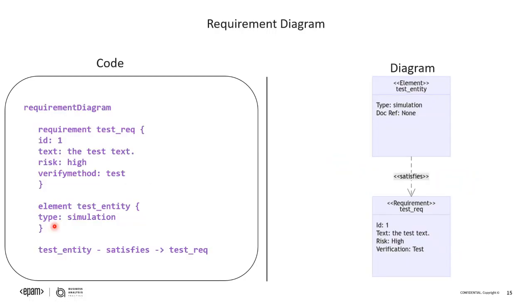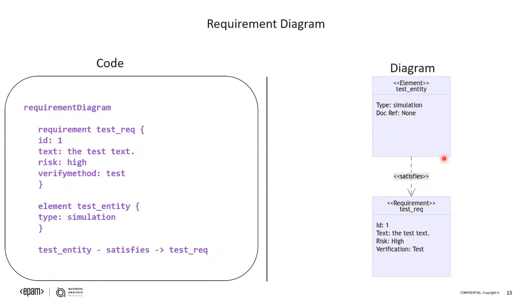Requirement diagram. This is quite new. If you ever wanted to use it while documenting your elicitation results, or for different reasons, you may use the requirement diagram. We can have here two components, which are requirements and elements. Both of them have some fields.